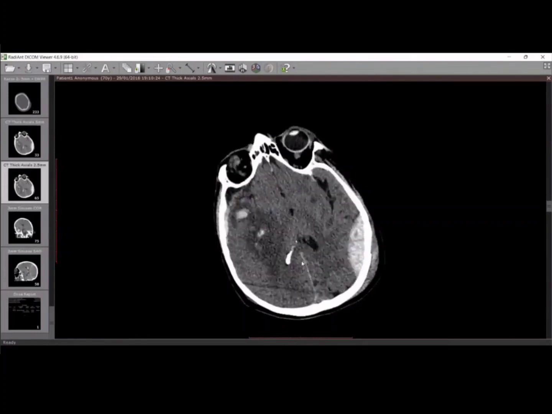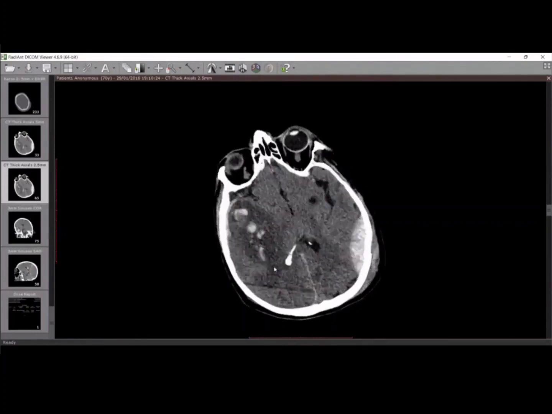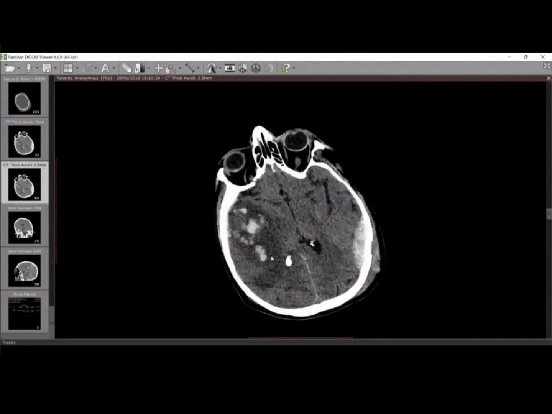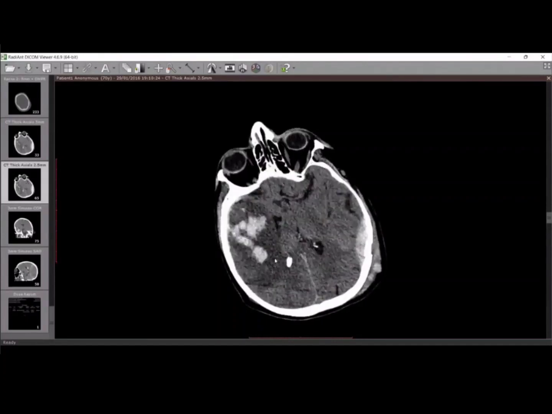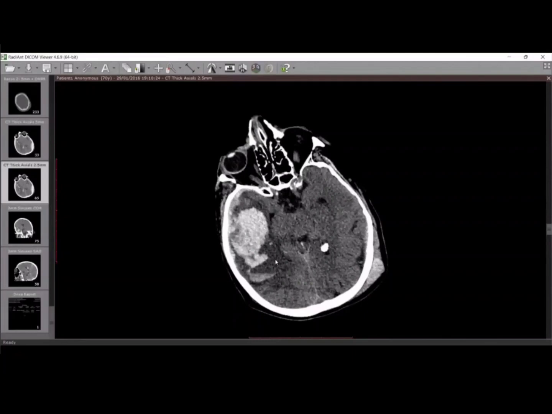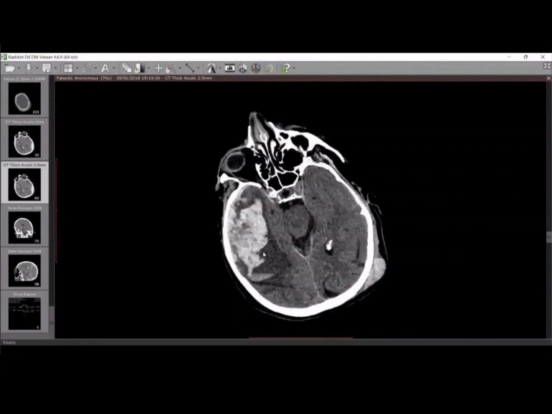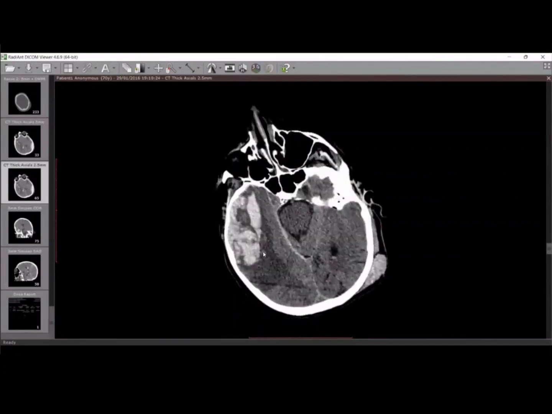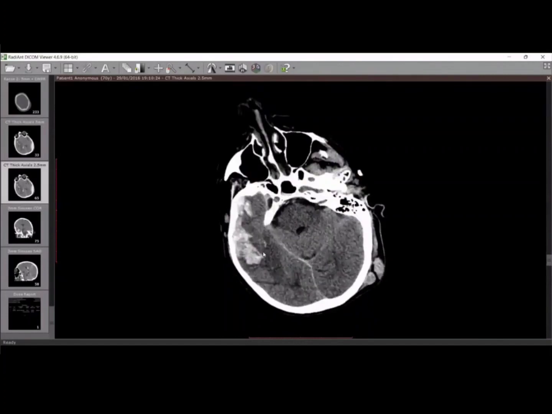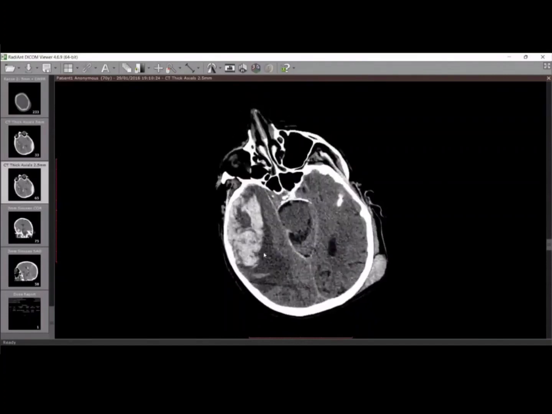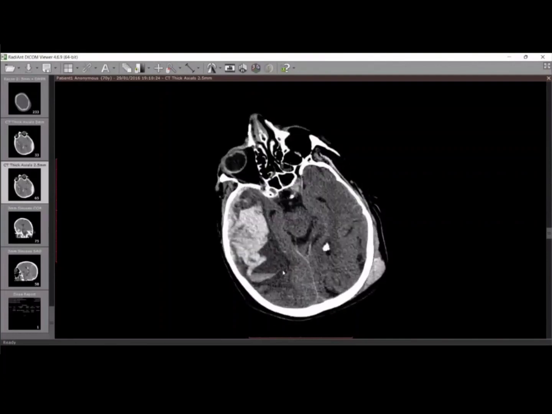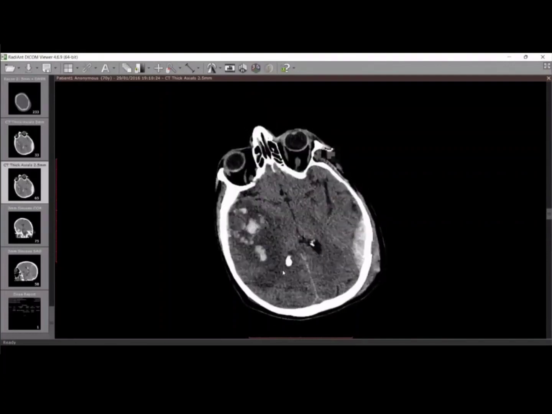I can also see a large mixed density area, actually a predominantly hyperdense area involving the left temporal, the right temporal lobe, denoting hemorrhage, and it is surrounded by significant edema.